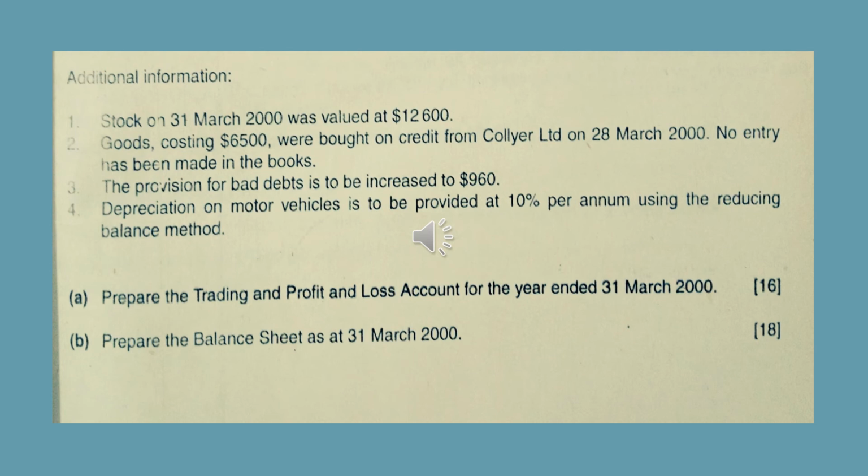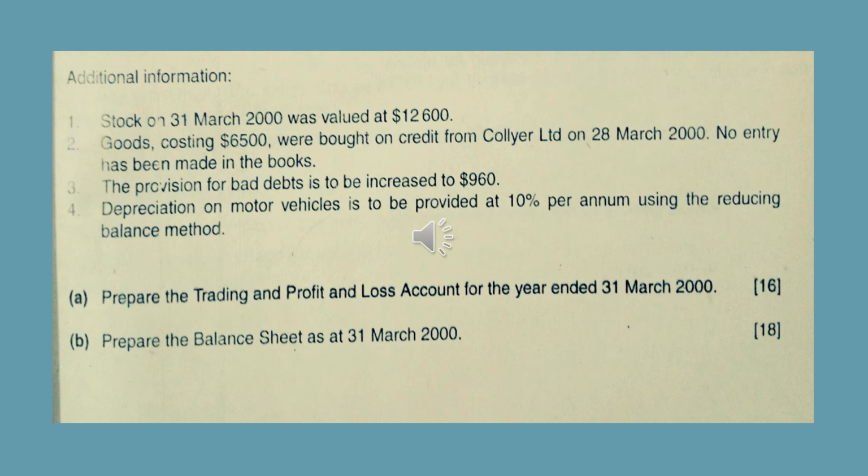Point number 4, depreciation on motor vehicles is to be provided at 10% per annum using the reducing balance method. So it's quite simple. Reducing balance means we will subtract all the provision first from the cost of the motor vehicle. The provision for depreciation that is given to you till the start of the year in the list of balances will be subtracted from the cost of the motor vehicles first.